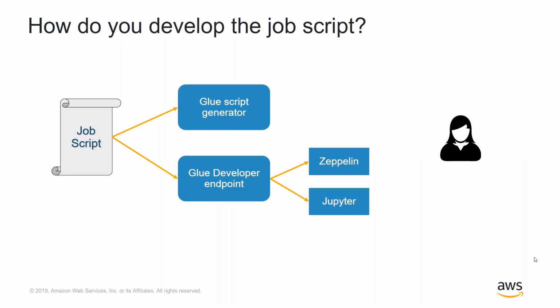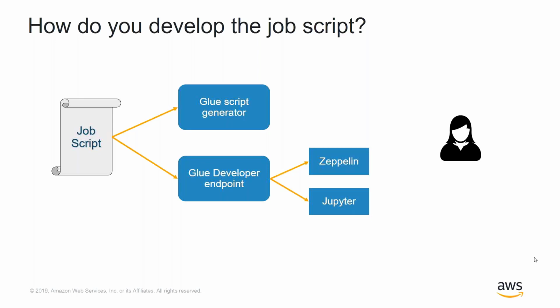Okay, so like I said, this is a developer-focused environment, which means you are coming up with the script. But we want to make it easy for our customers to come up with that script. We have a couple of ways you can generate that script, and you can use both ways.